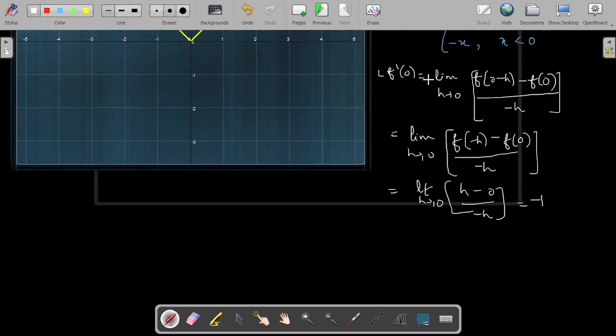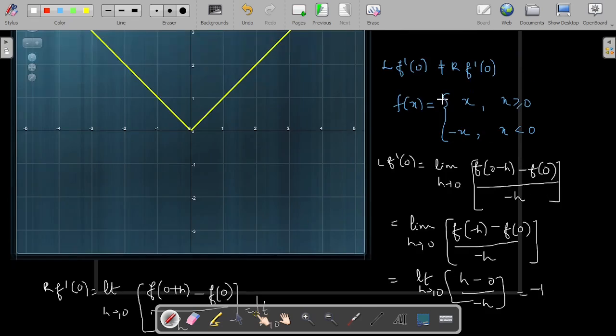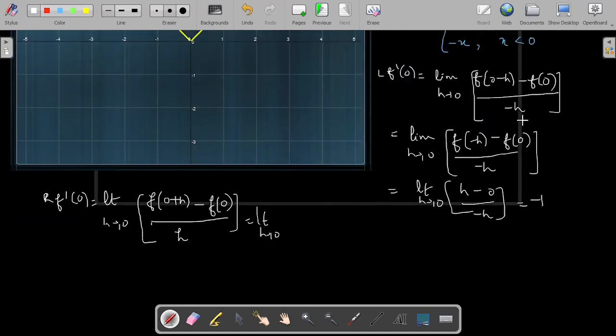Similarly, let us find out the right hand derivative. Rf dash of 0 is equal to limit h tends to 0 of f of 0 plus h, because it is from the right side, minus f of 0, divided by plus h. This is equal to limit h tends to 0 of f of h. What is the value of f of h? It is h, because h is positive.